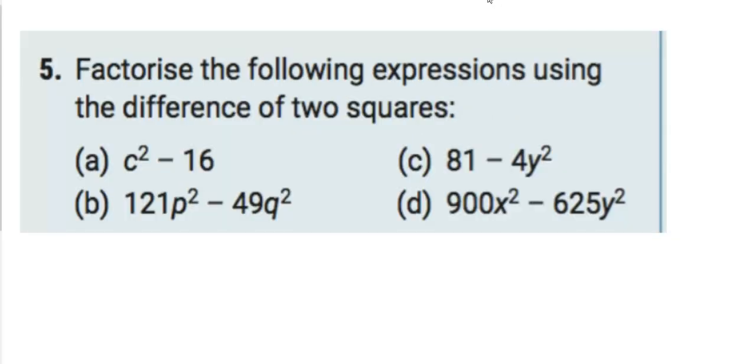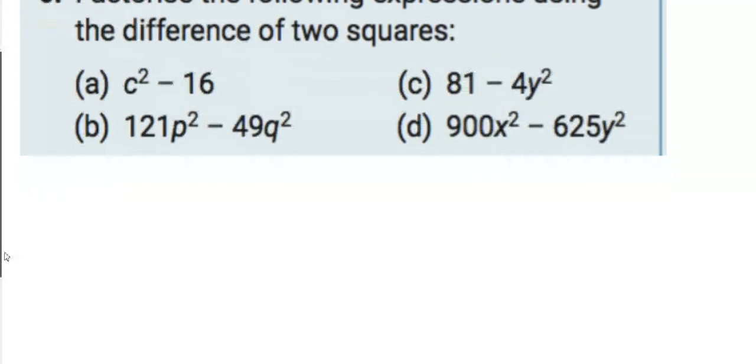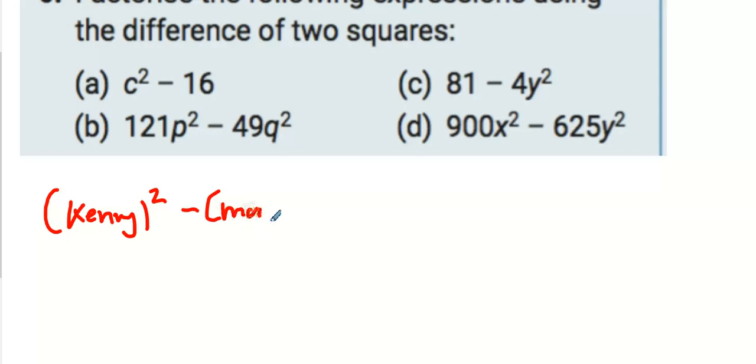Lads, these ones here. Now, something you might have forgotten in the past, all right? We'll start off really easy. I asked you something like this: Kenny squared, take away Mark squared. Does anybody remember the answer for this? Does anybody remember how to put this into brackets? It doesn't matter what it is.